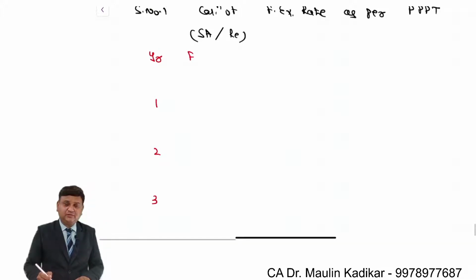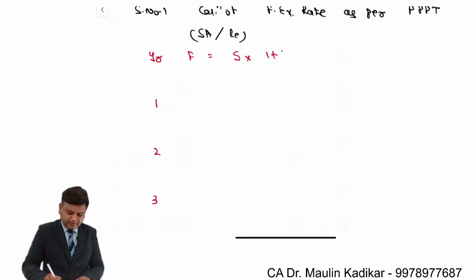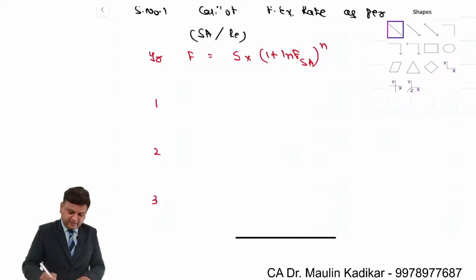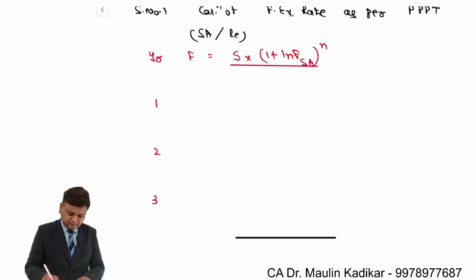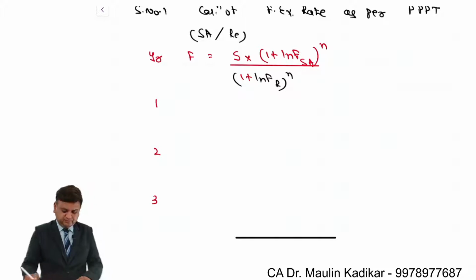We understand that the forward exchange rate is equal to spot into 1 plus inflation for the left hand side currency, that is South African currency, divided by 1 plus inflation rate for a rupee currency.